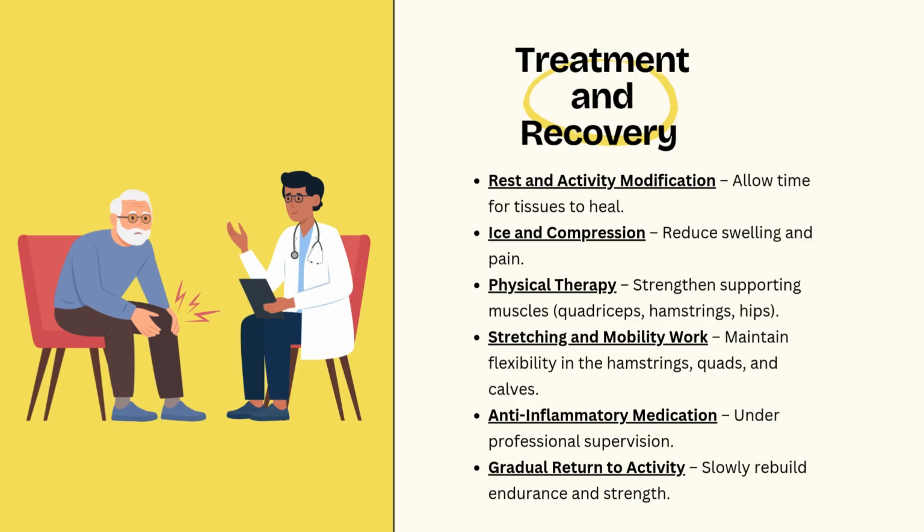Ice and compression, right? Reduce swelling and pain. A lot of people like to think that the ice and compression model does not work or is outdated or whatever. If you have a rolled ankle, if you put ice on it and compress it, it will remove a lot of swelling out of the joint, because that swelling impedes healing.